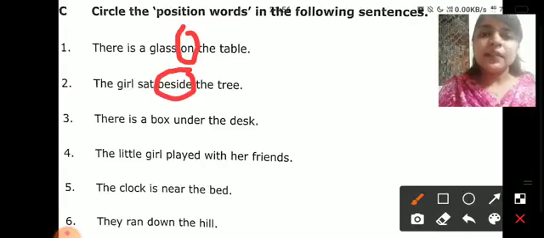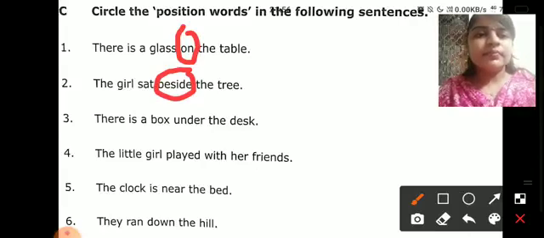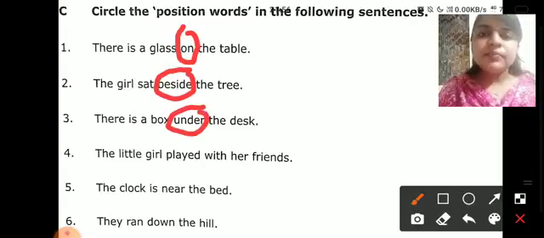Let us go to number 3. There is a box under the desk. Here, what is the position word? Under. So now circle the word under. All are doing with me?